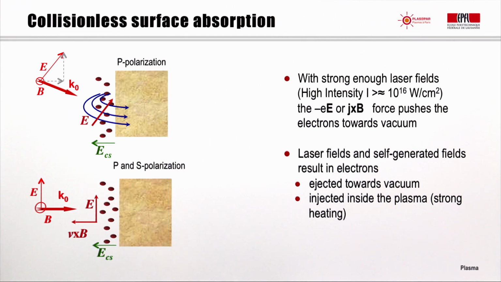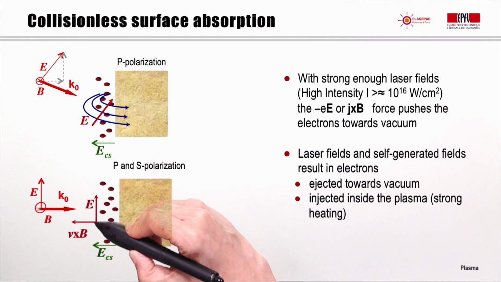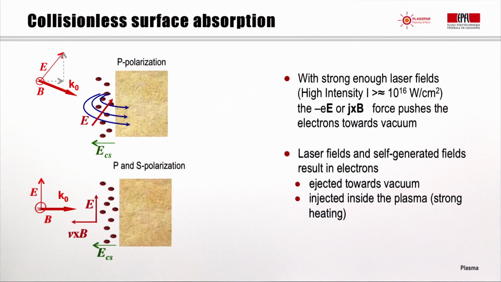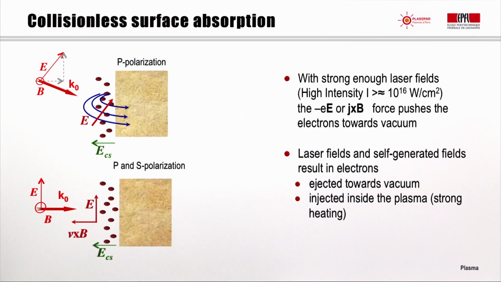The same mechanism can apply for the motion induced by the laser magnetic field, and this will hold for both P and S polarization. First of all, the electrons move along the E vector as usual, but then their velocity in this direction, crossed with the magnetic field that is out of the board here, will give a component of the Lorentz force that is perpendicular to the surface.